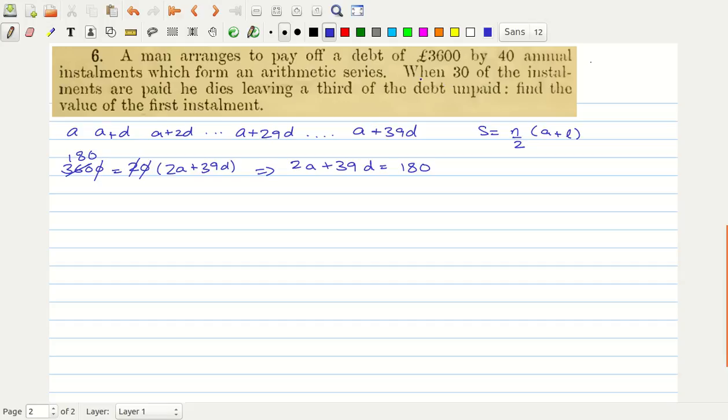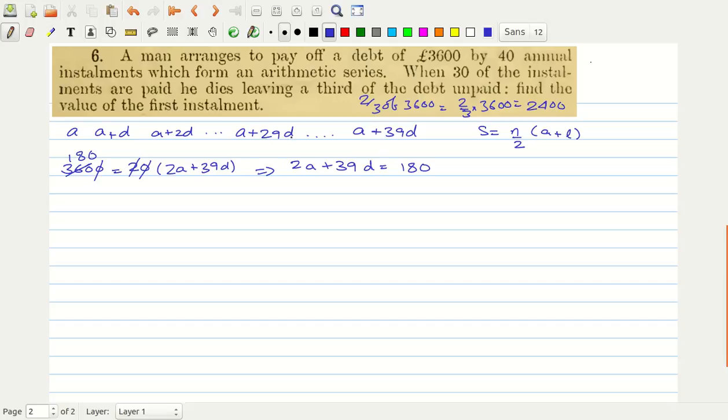Now what is given in the problem is that when 30 of the installments are paid, he dies, leaving a third of the debt unpaid. What it means is, if a third of the debt is unpaid, he has actually paid 2/3 of the debt. So 2/3 of 3600 is 2 by 3 into 3600 is equal to 2400.